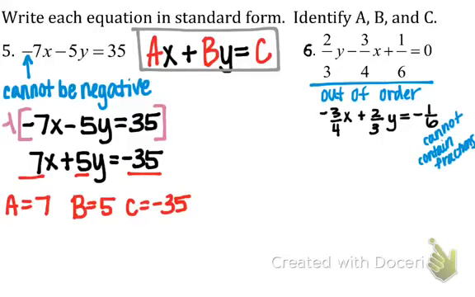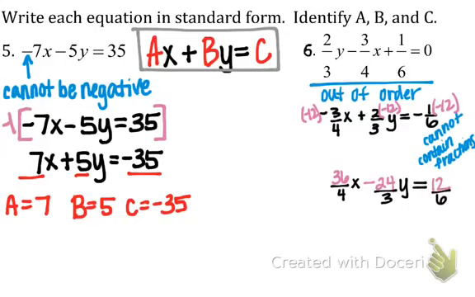So we are going to need to multiply by the least common multiple in order to get rid of our fractions. So our least common multiple is going to actually be -12. Multiplying by -12 will, first of all, get rid of our fractions in the denominators, as well as make the coefficient of the first term positive. So -12 times -3 will be positive 36x over 4. -12 times positive 2 is -24 over 3y.